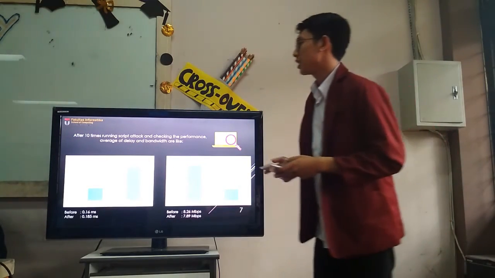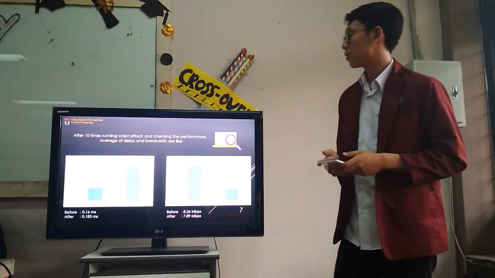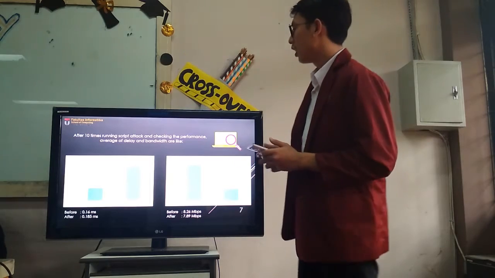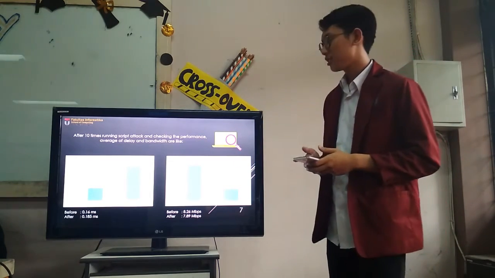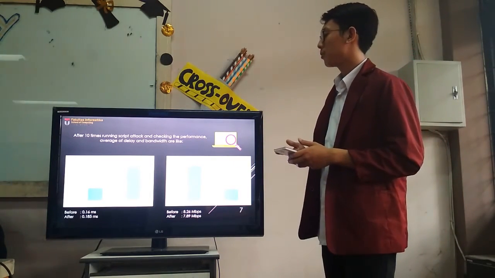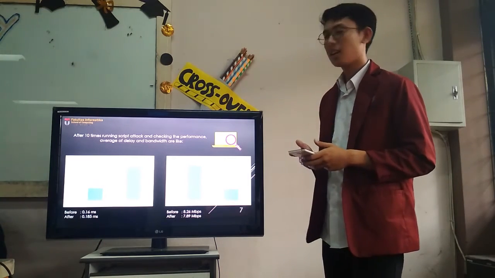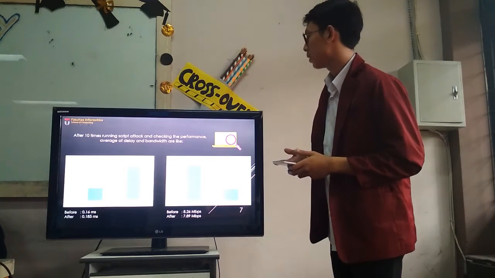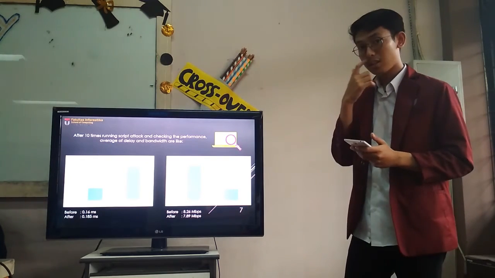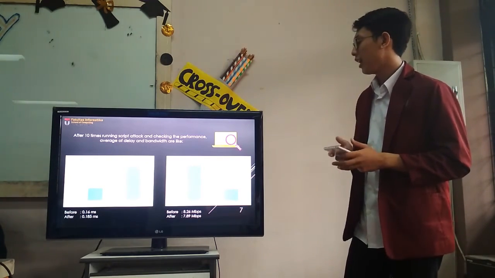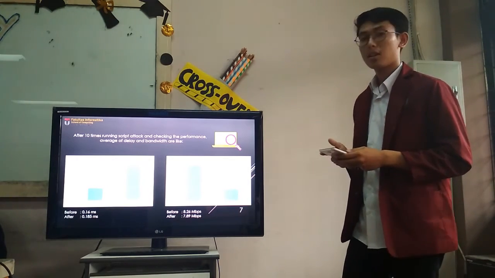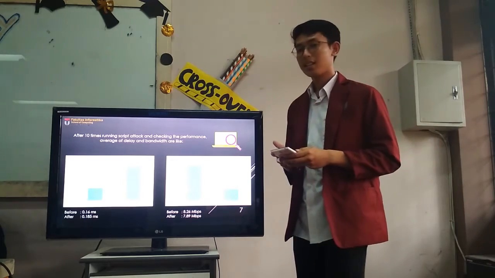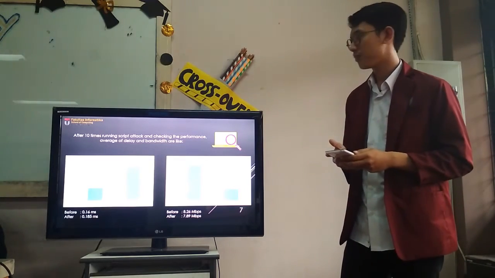Okay, after running the attack script 10 times and checking the performance, the average delay and bandwidth are like this. Delay, before the attack comes, was 0.16 millisecond, and after the attack is 0.185 millisecond. And for bandwidth, before the attack is 8.26 Mbps, and after is 7.89 Mbps.